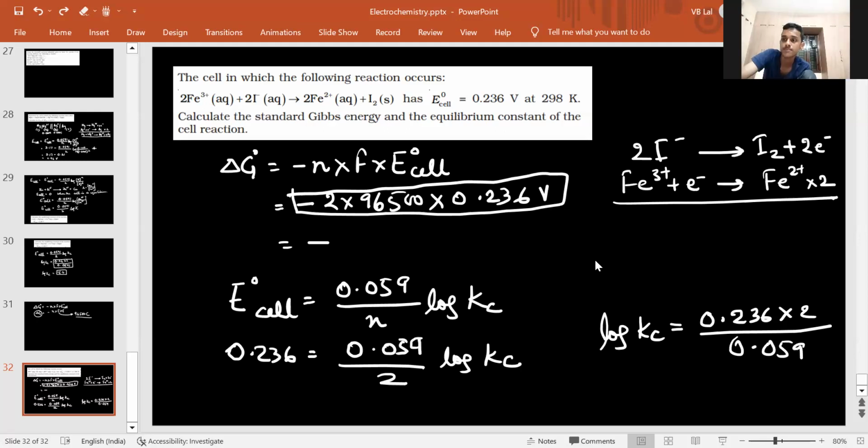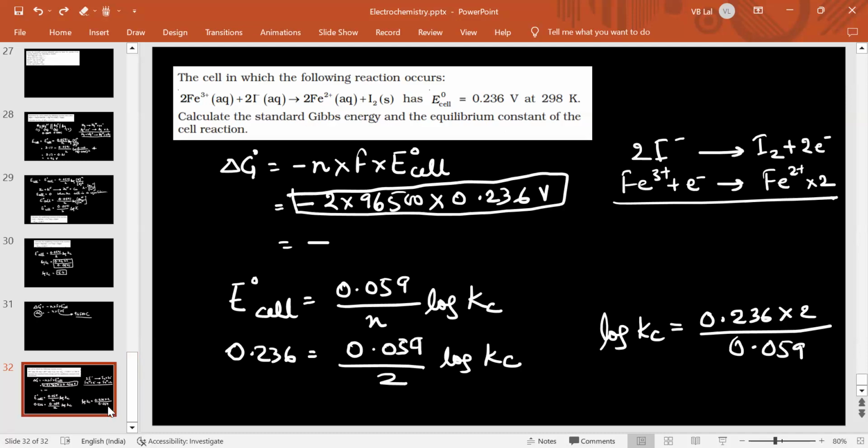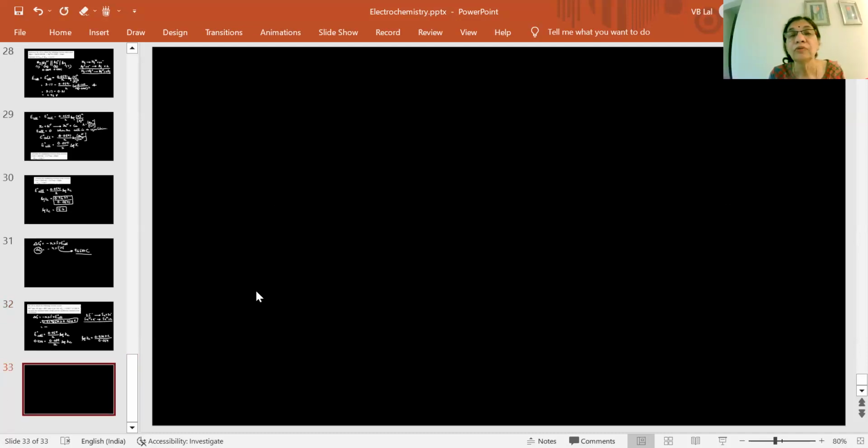Yes, miss. Okay. So now I will write down the four formulae that we have learned till now. The first one is for E, if the cell is a standard cell, that is E0 cell. When is a cell a standard cell?